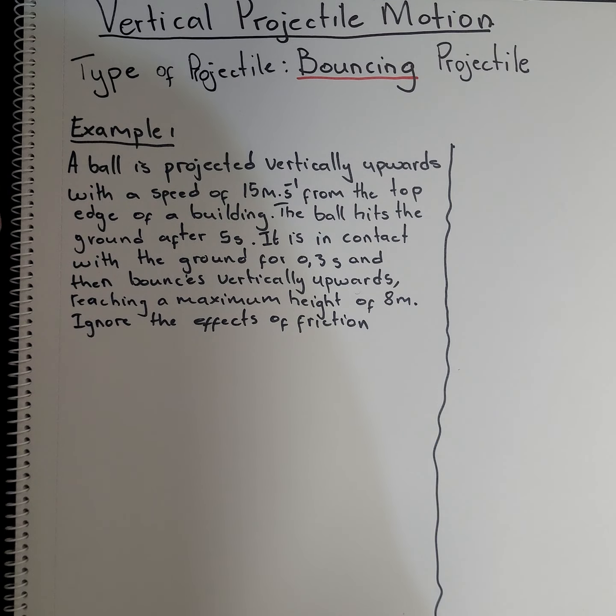It is in contact with the ground for 0.3 seconds and then bounces vertically upwards, reaching a maximum height of 8 meters. They ignore the effects of friction. It then tells us that this is a free fall motion, right, ladies and gentlemen?